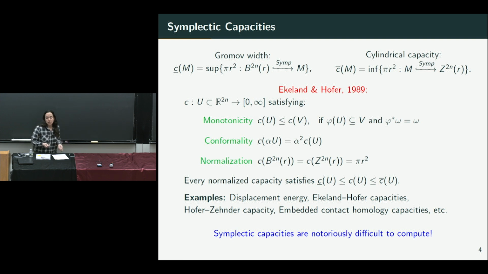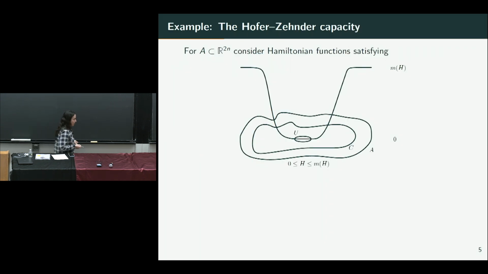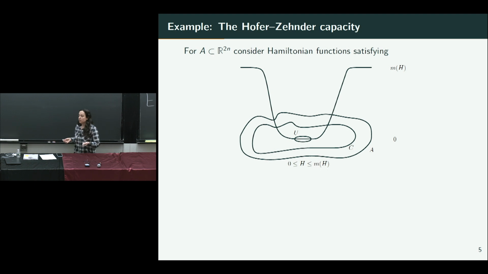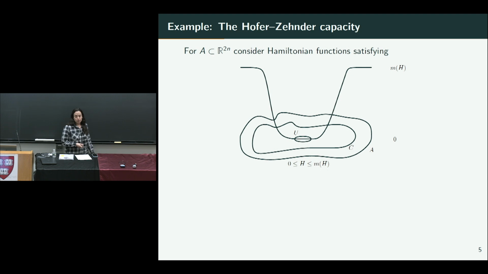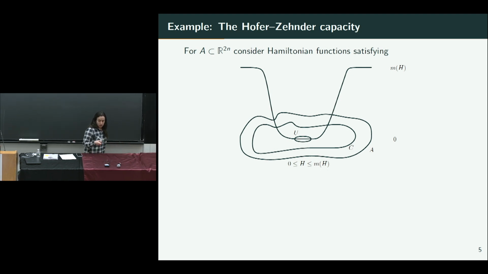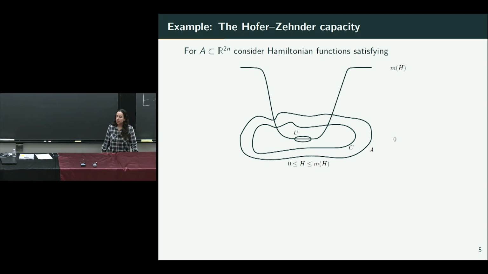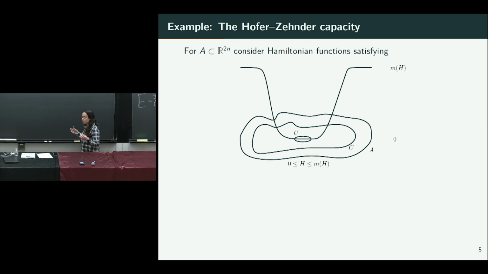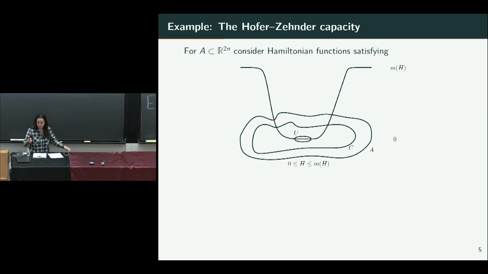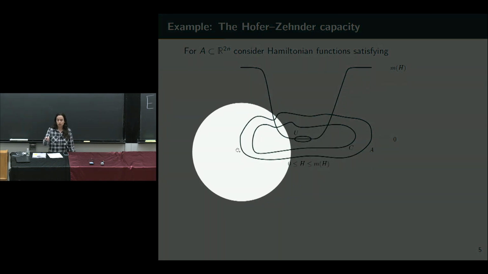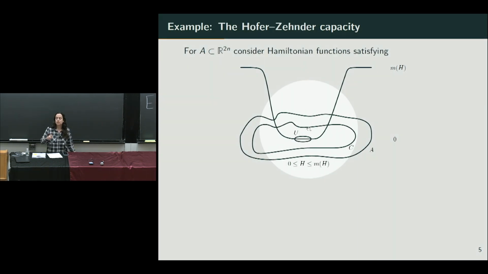Okay, so let's do an example of a capacity. It's one of the first ones to be introduced, the Hofer-Zehnder capacity. Again, for a subset of R^2n, how is it defined? So we want to consider Hamiltonian functions associated to this subset A. And we want H to be 0 in some open subset of A, here it's U, I guess.